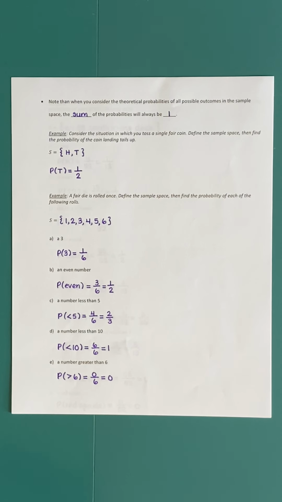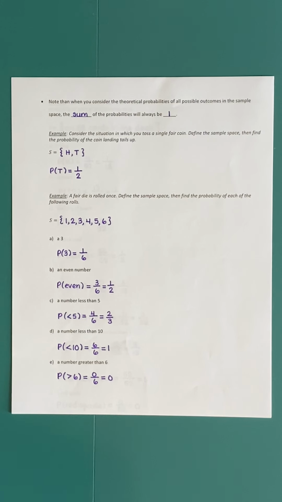Okay. So let's look at a situation involving a coin. So consider the situation in which you toss a single fair coin. So what does fair mean? Fair just means it's balanced. Imagine a perfectly manufactured coin. It's perfectly weighted. It's got heads on one side, tails on the other side. In other words, if we flip this coin, we know that it's equally likely that that coin lands on either side.